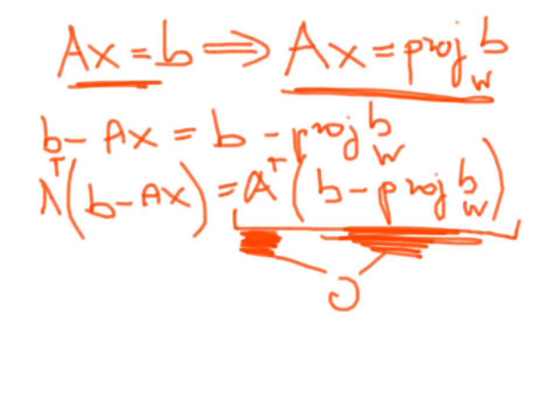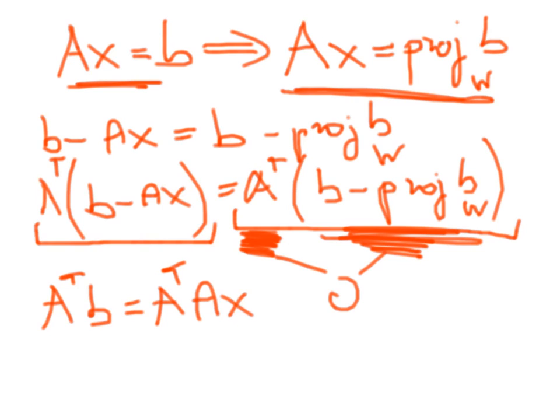So our solution simplifies to this being equal to 0, and that means that we can write A transpose B equal to, taken from the other side, A transpose AX. So this is the best solution we can find. And look, now we have everything except x, of course, because we want to find x, and so we can find x from here.